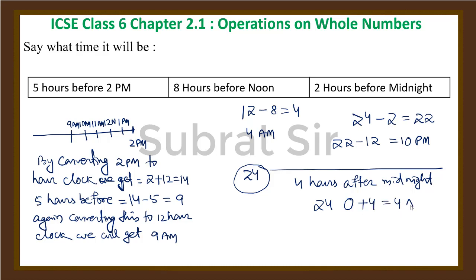Okay, so it is 4 a.m. Clear? Because we are adding something here, so again it will start from 0. But when we are calculating before, then we will take it as 24. So 24 minus 2, 10 p.m. But after means we will add it to 0. So 0 plus 4, that is 4 a.m.